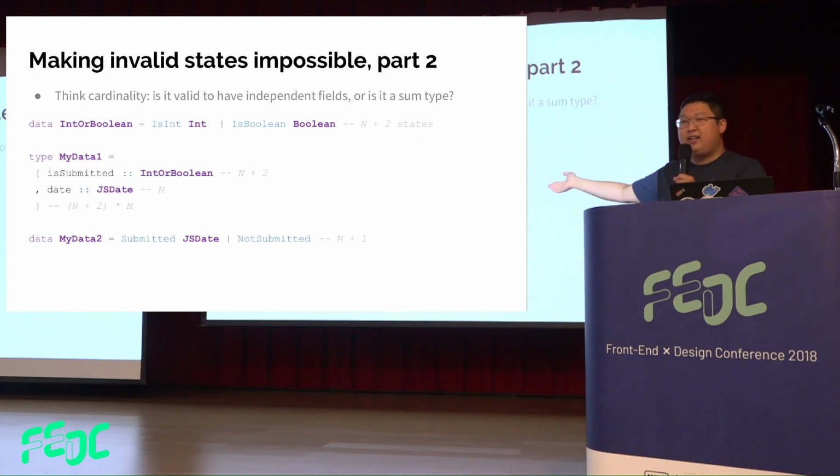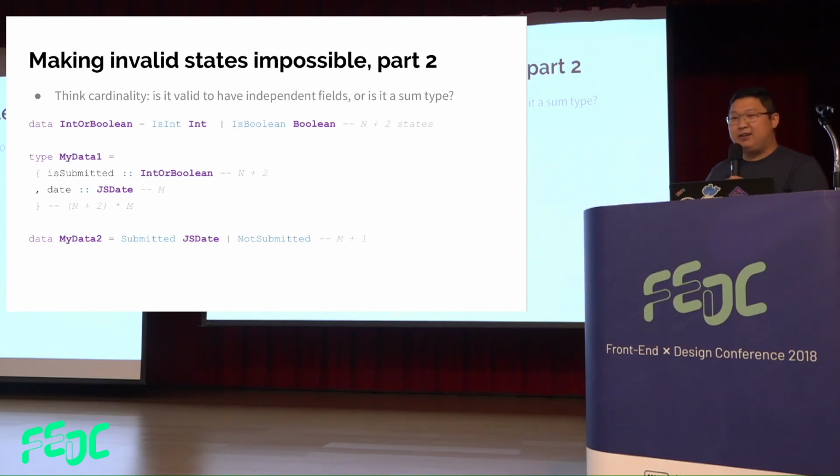If we pretend that a JS date can have n number of possible states, then the total number of states that this myData1 should have will be the quantity n+2 times n. It could be any date, and it could be any state of isSubmitted. Kind of like when you roll a D6 and a D12 for dice.